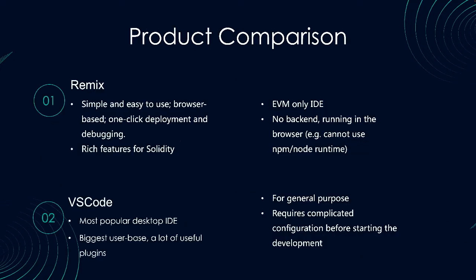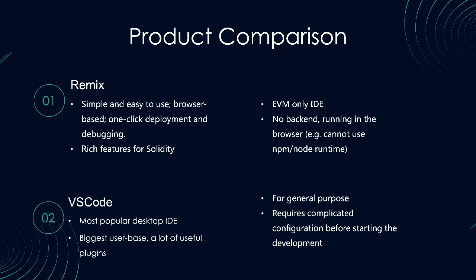As an IDE, it always comes to our mind that there are also other competitors in the market. The first one is Remix, the most popular EVM IDE, backed by the Ethereum Foundation.